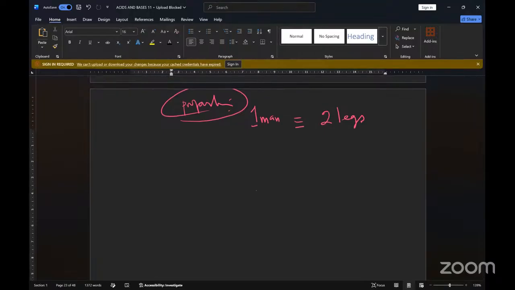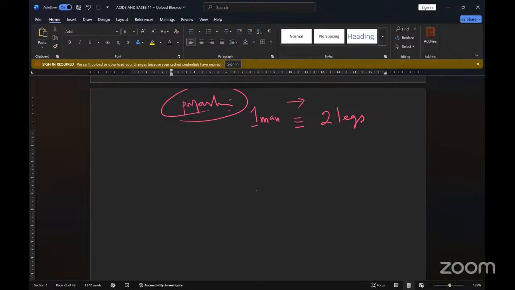These 3 lines stand for equivalent. Normally, equal is mathematics, but when you have two unlike terms like man and legs, you cannot say one man is equal to 2 legs because man and legs cannot be compared. Usually we use this, but even if you use equal, it's fine. You can also use the arrow like this.